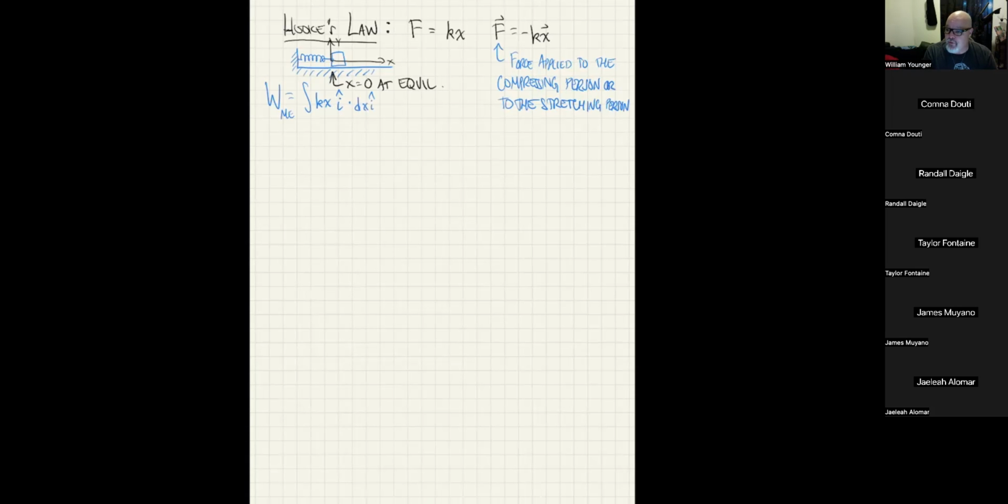Whichever one you choose, that's fine, but the other one's got to go in the positive coordinate direction. So I'm going to choose my DX as pointing in the direction of the line integral. In other words, I'm integrating from left to right, and therefore DL points to the right, and therefore I'm letting my DL, which is DX I hat, dictate that.